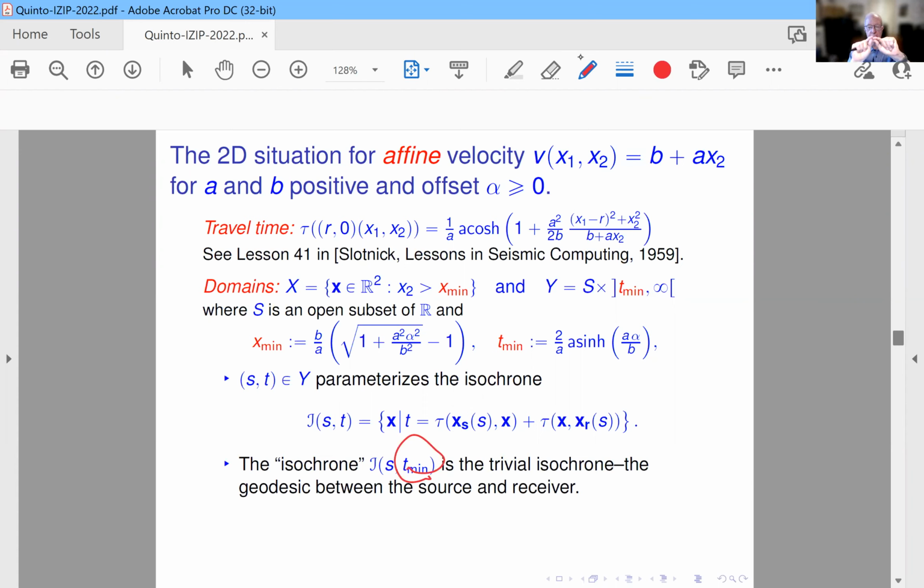That's why we exclude that, and we certainly don't have any isochrone shorter than that. Now, on the next slide, we'll explain why if x2 is less than x min, namely, if the support of our object is above this x min, there can be problems. F is not well behaved.